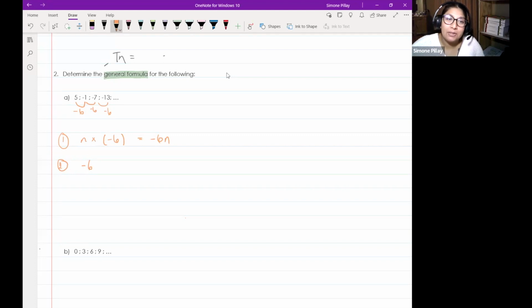What term number is 5? Is 5 the first number in the pattern, the second number, the third number?